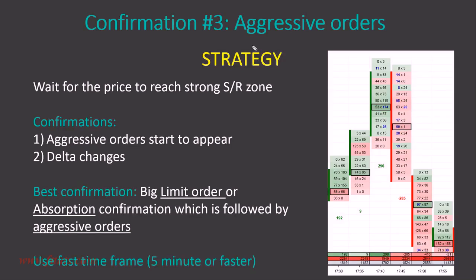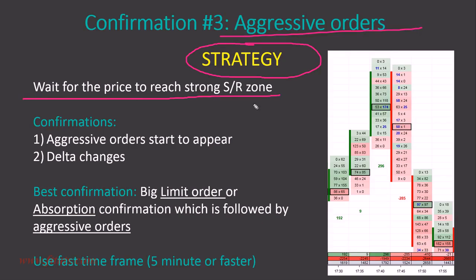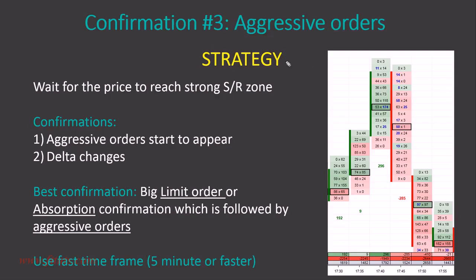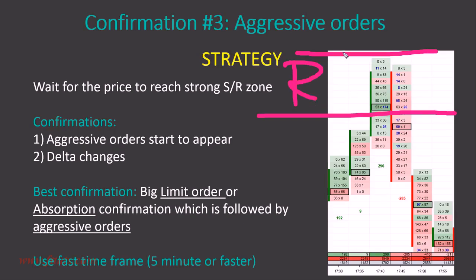Now, this is how the strategy works. The aggressive orders confirmation strategy. You wait for the price to reach a strong support or resistance zone. So imagine there is a resistance zone somewhere in here. And in that zone, which you created, for example, using volume profile, you're looking for a signal to sell.